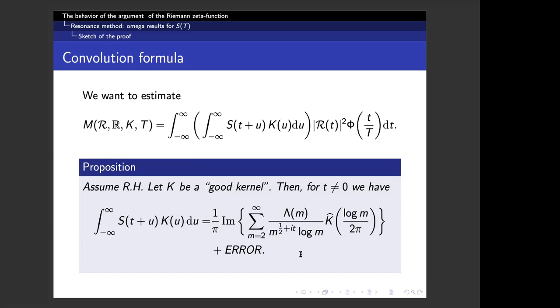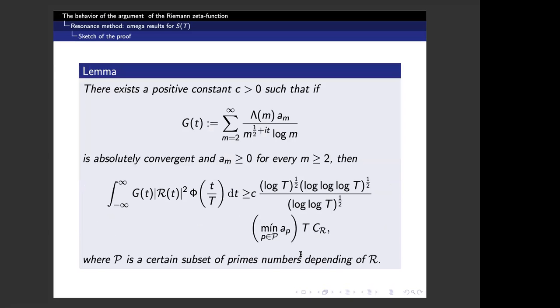And now the main result about the resonator of Bondarenko and Seip is this. If you have a series in this form where all the coefficients a(m) are positive, then this integral of this series multiplied with the resonator and the Gaussian is bigger than this inequality here, this factor here.